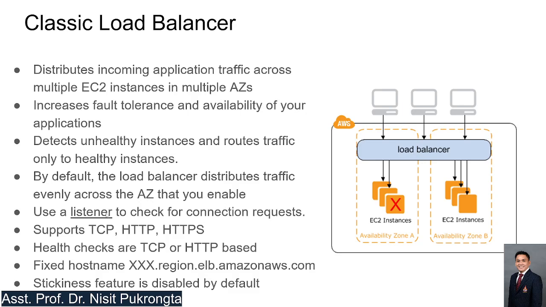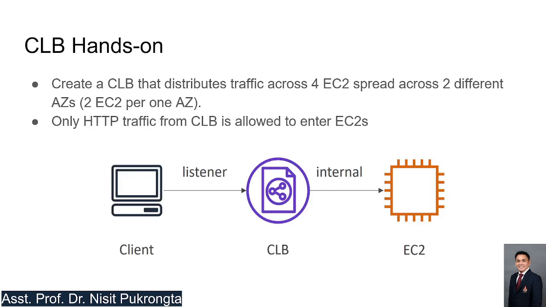The classic supports TCP, HTTP and HTTPS as well, and health checks are TCP and or HTTP based. And you can fix the host name of the DNS if you use the classic. But right now the classic is quite obsolete. For this session, you can use the classic load balancer only to support the old EC2.